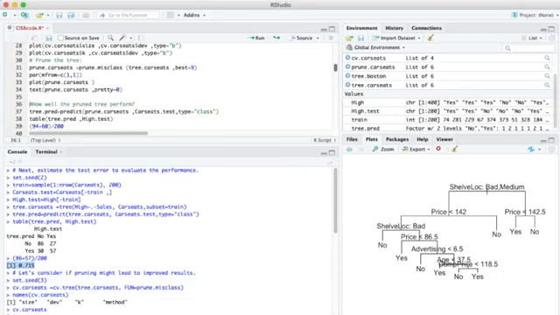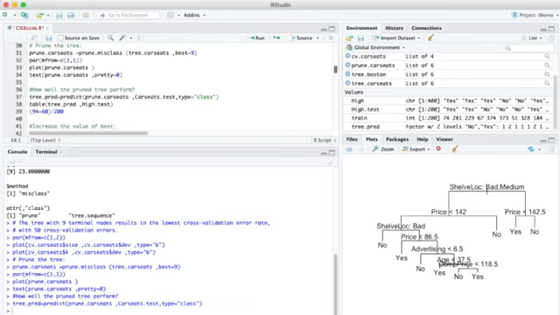So 0.715 is quite high, which is very good. But we want to see if the pruned tree actually gives a higher proportion. So again, we predict based on the testing data set. We predict with prune.carseats on the testing data set. And again, type is equal to class because this is a classification tree.